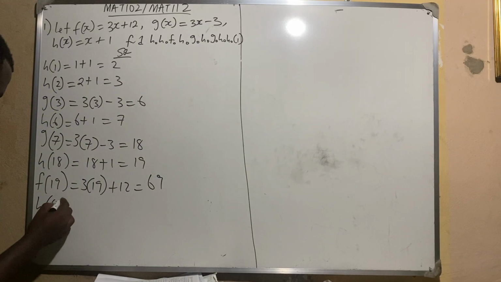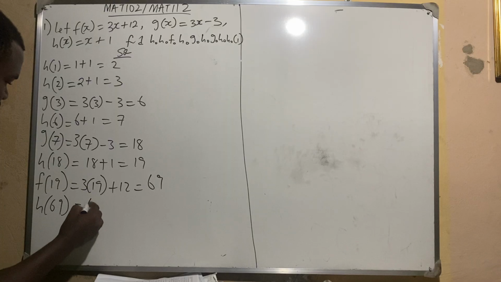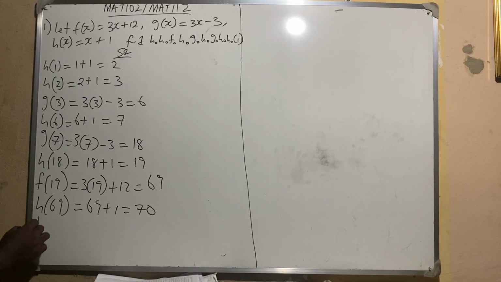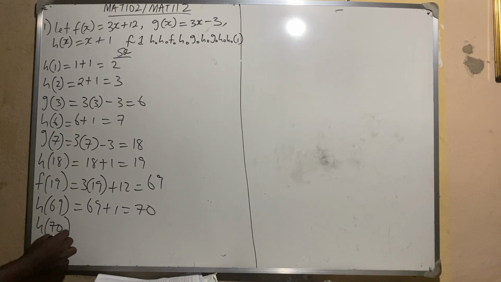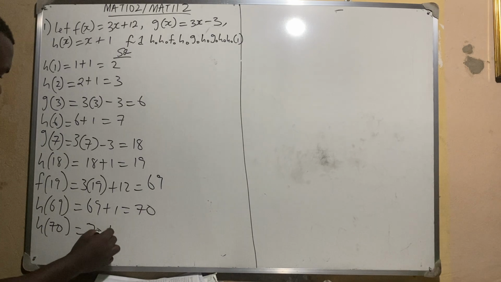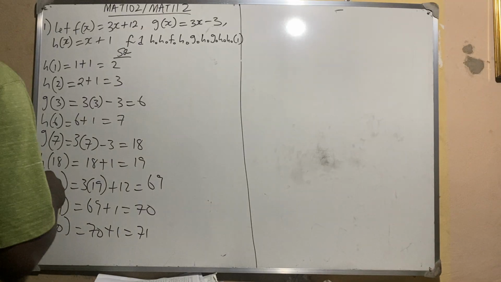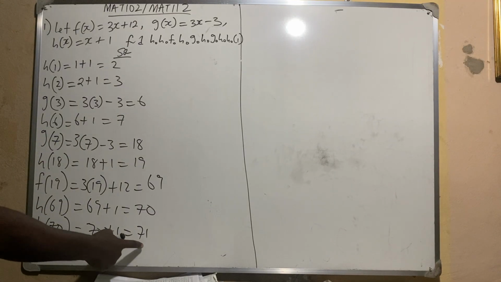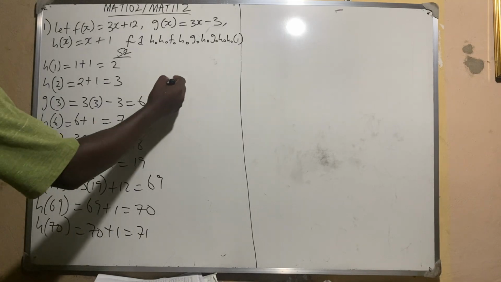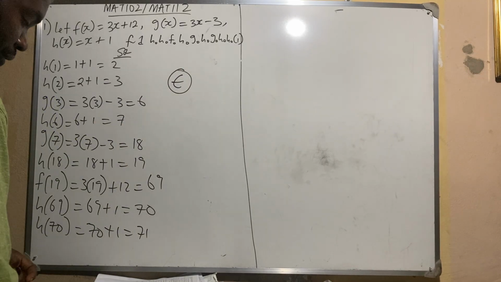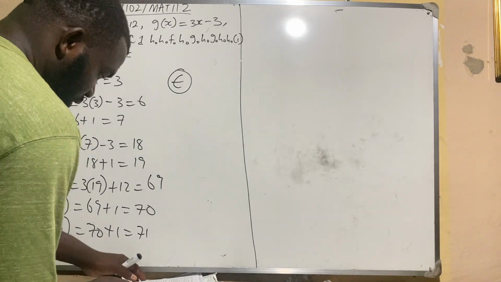H of 69 will give you 69 plus 1, which is 70. So finally, h of 70 will give you 70 plus 1, which is 71. I didn't write the option. So the answer is 71. And since 71 is not in the option, you take E. So E is your answer because it is not in the option.